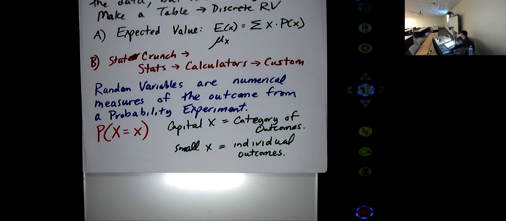And we kind of want to have all the individual outcomes for when we do the random variable table, as you'll see. Give everyone a second to write this down.